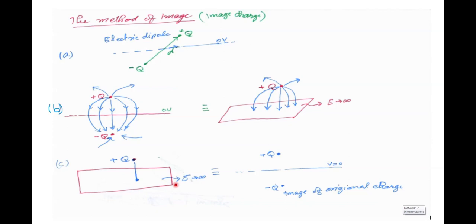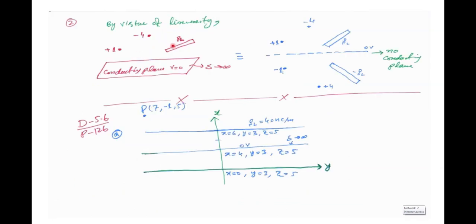So let us consider different types of charges located above the conducting sheet. For example, in the figure, we have a line charge, a point charge of minus 4 coulomb, and another point charge located at another position above the conducting sheet having 1 coulomb value.